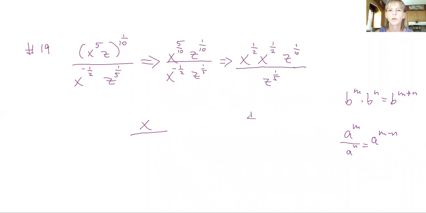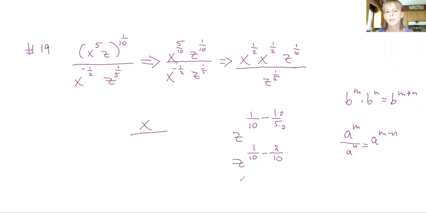So what is 1/10 minus 1/5, or you can look at it as the z's, is z to the 1/10 minus, oh, this could be interesting if you use that rule. 5 times 2 is 10, 1 times 2 is 2. Do you see this now? And this is me using the quotient rule.